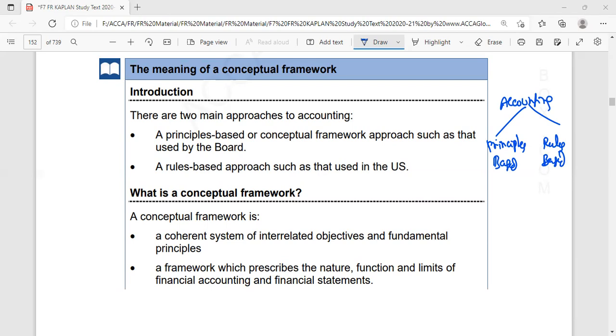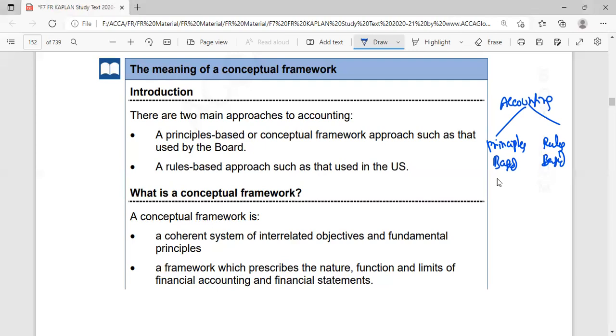So here the guidelines or accounting principles are applied to the company transactions. But in case of the rules based approach, what happens? Company operations are adjusted in accordance with the accounting rules.